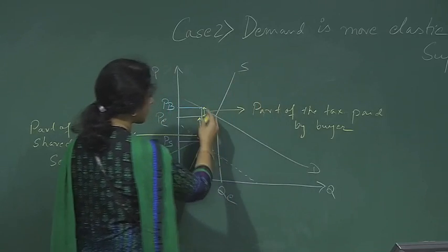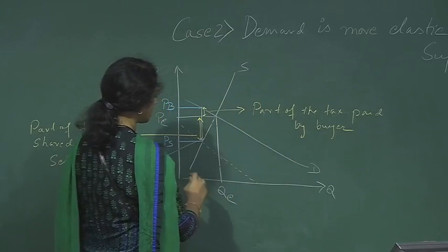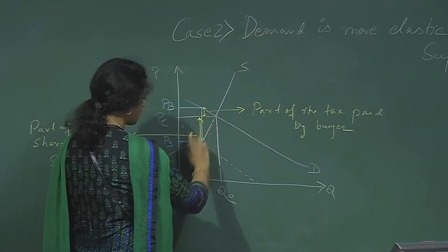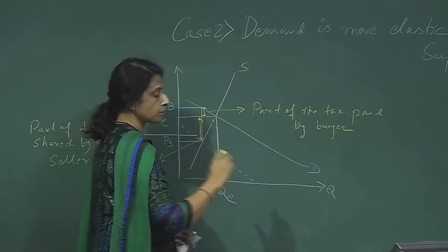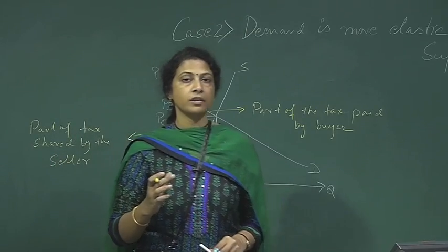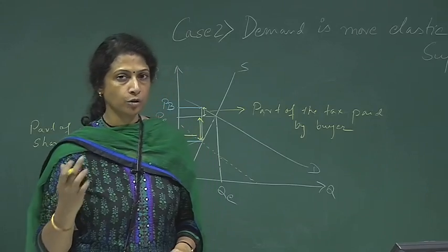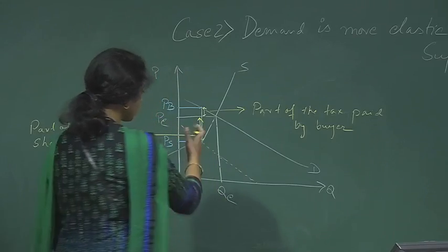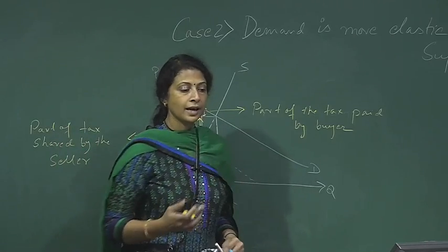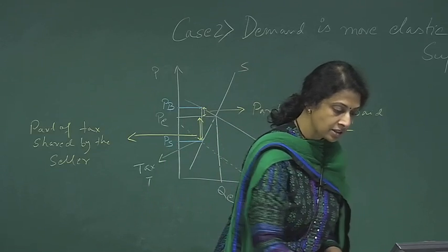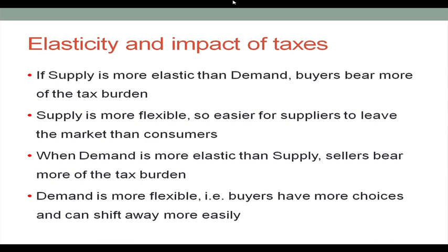since demand is more elastic than supply, the amount of tax burden that the seller is bearing is now much more than the amount of tax burden that the buyer has to bear. And the reason is the same. Now demand is more flexible, that is, buyers have more choices and can shift away more easily.